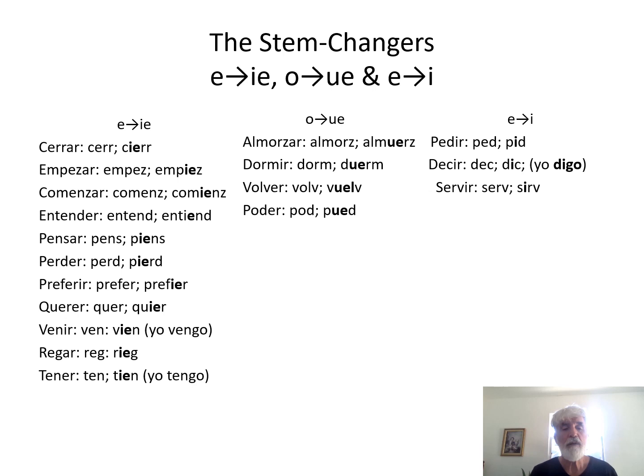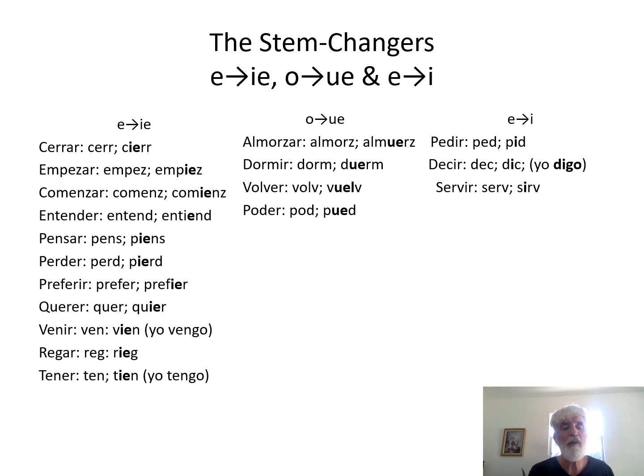Okay, so let's take again a quick look at some of these verbs. I did cerrar, where the E goes to IE. Let's look at another one. Here's entender, an important verb, to understand. Now notice entender, the first stem is entend. You just drop the ER.